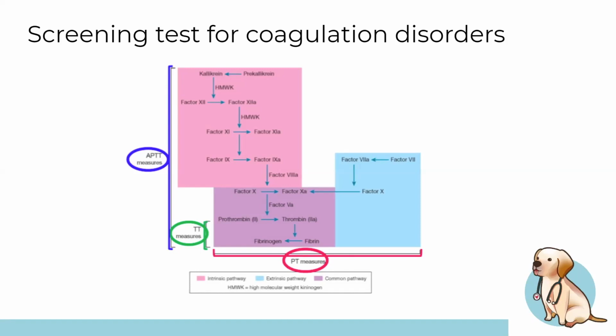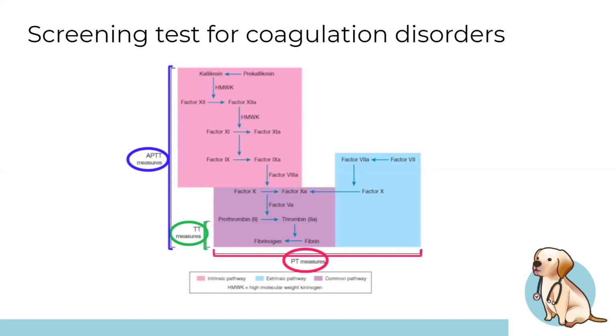So you know that we've seen the intrinsic part, which is in your pink. Your blue is the extrinsic pathway, and your purple is your common pathway that both of them are going to activate. So as a side note, the coagulation cascade is really complex, but the three main pathways are quite important that you understand and just figure out what they do.